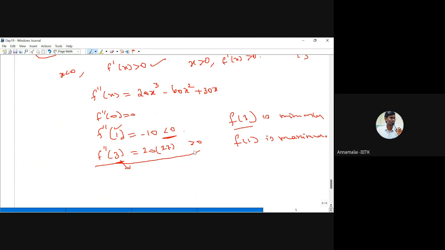If f double dash is positive, a minimum exists at that point, and the minimum value is nothing but f of that point. Okay, so that is a simple thing. We don't want to spend more time on this. So we have so many problems. You just try it, you'll get it.